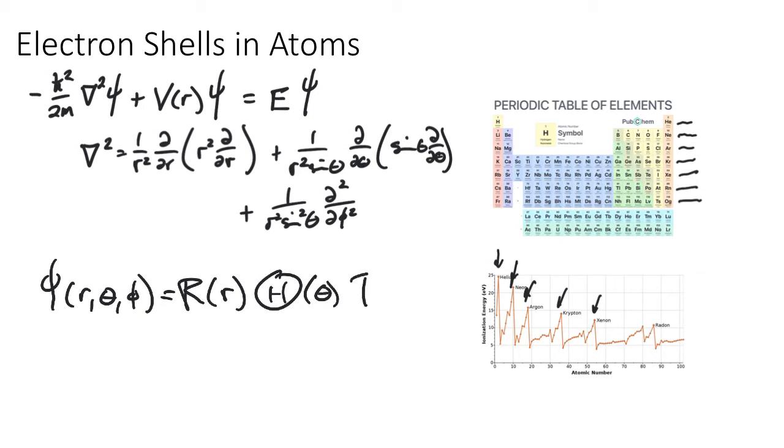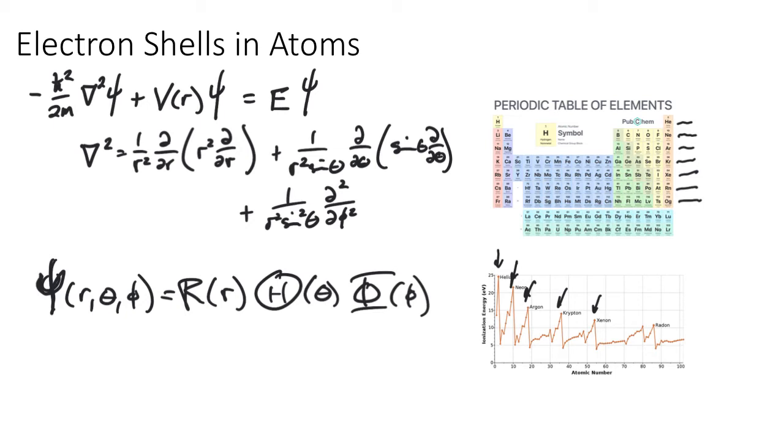And so we often use capital letters for the function and the little letter for the variable. So we have a radial function times a polar function times an azimuthal function. And we assume that only wave functions that have the separable form are the ones that we are going to look at.